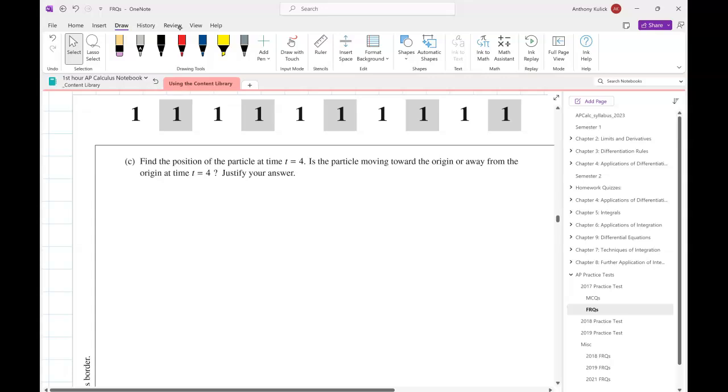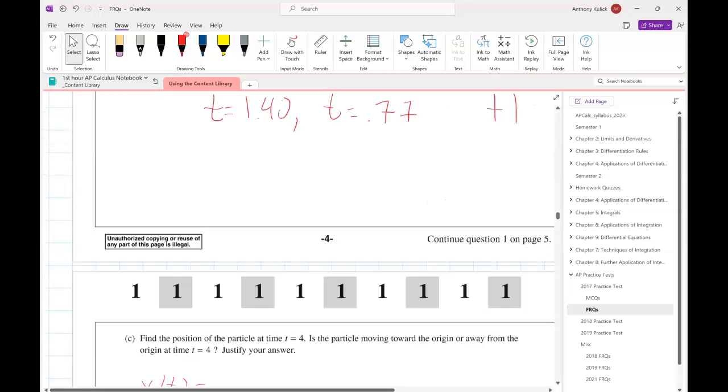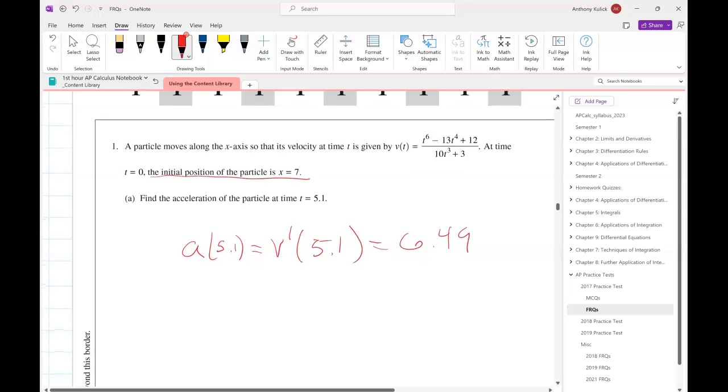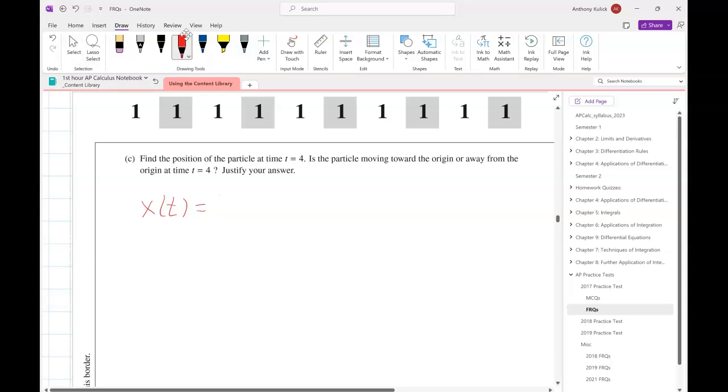Part C says, find the position of the particle at time t equals 4. Is the particle moving toward the origin or away from the origin at time t equals 4? Justify your answer. This is 4 points because there's a lot of stuff to do here. So the first thing I did was write a position function. The problem tells me the initial position of the particle is 7, so I'm going to put a 7 out front.